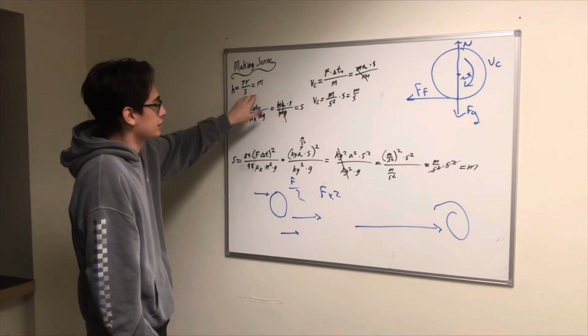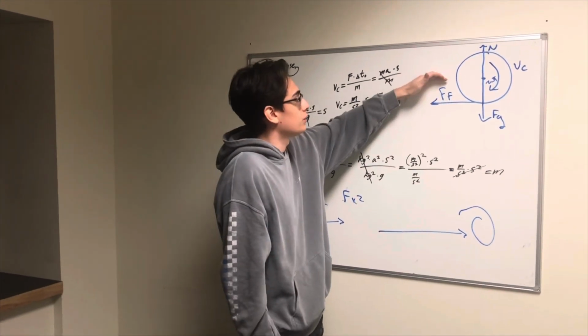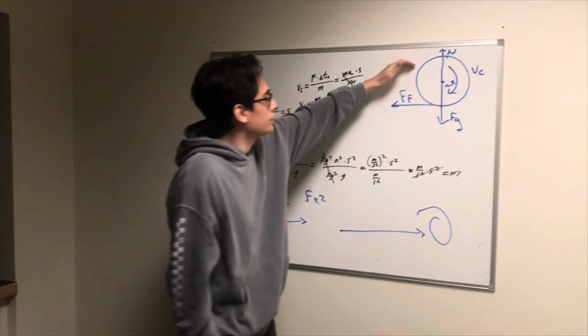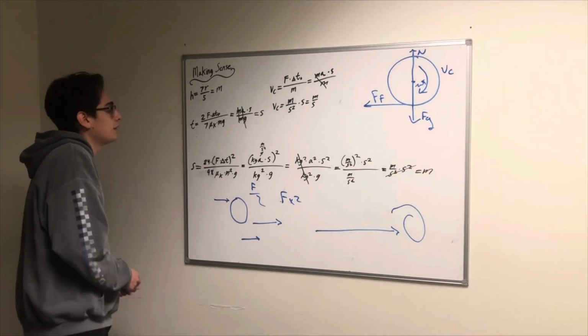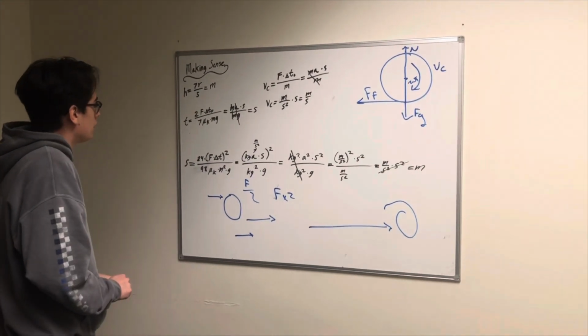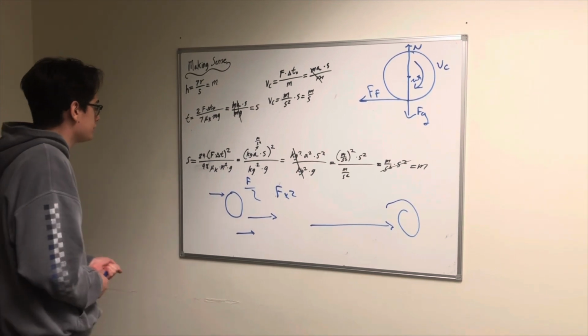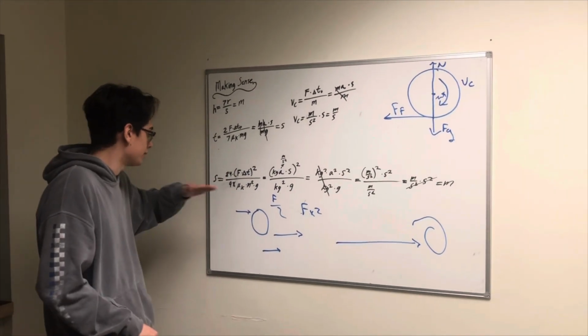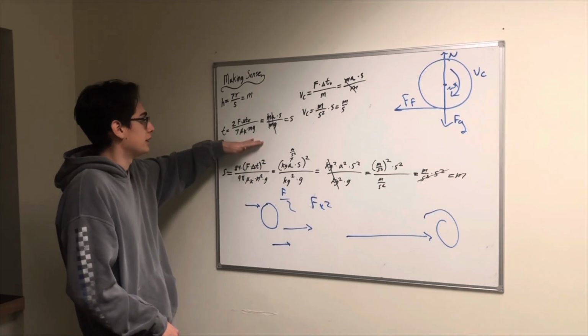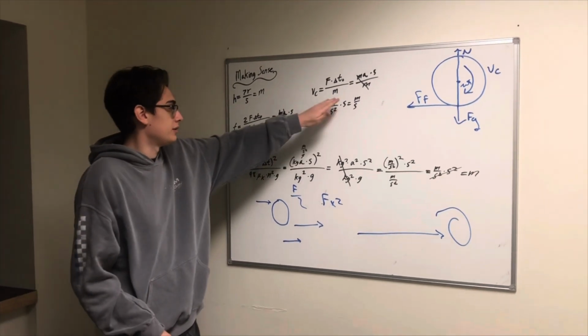This answer also makes sense because we're not hitting it in the middle, we're hitting it somewhere up top, and that seems to be 7/5 of the radius. Another example is if we changed our mass to be 0. We can't divide by 0 here, can't divide by 0 here, and we can't divide by 0 here.